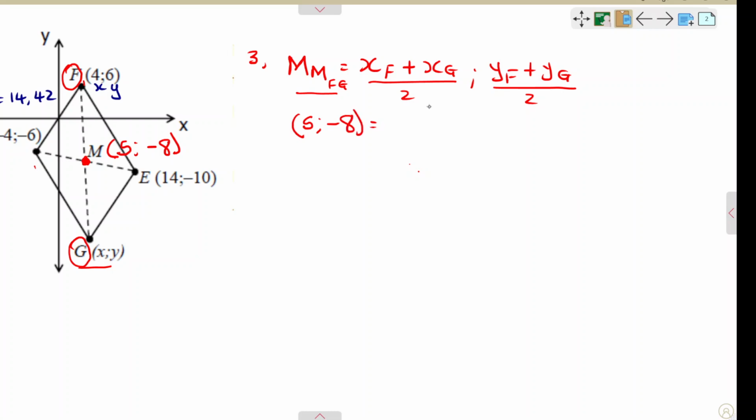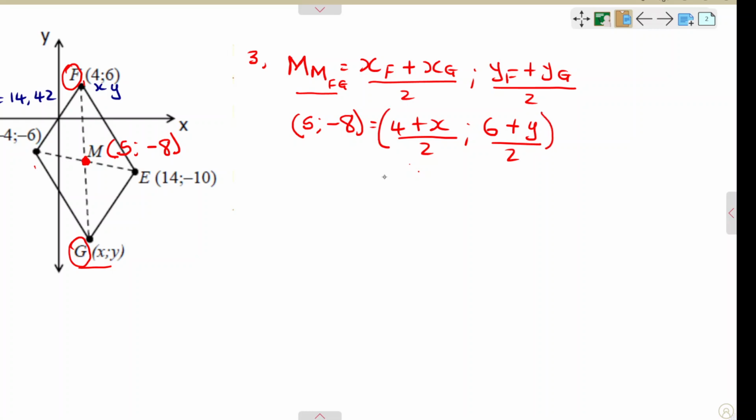Now I'm looking at the x-coordinate of F, which is 4, plus the x-coordinate of G, which is x. I'll divide this by 2, comma. Then the y-coordinate of F, which is 6, plus the y-coordinate of G, which is y. That is unknown. Then I divide that by 2.